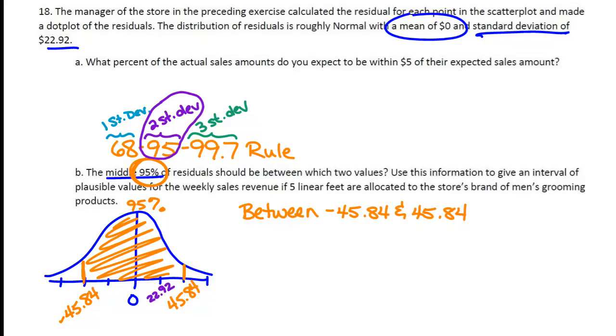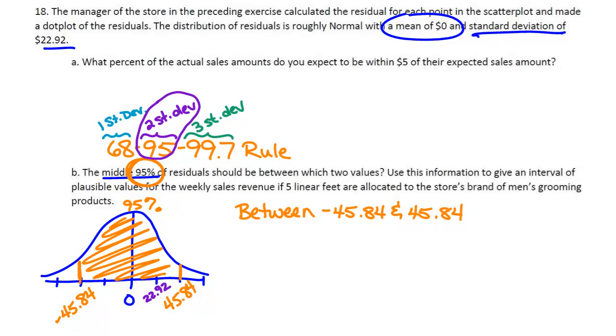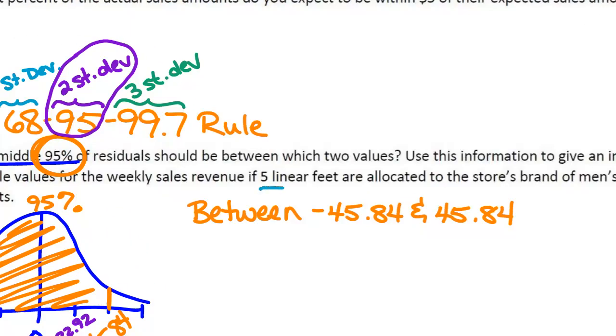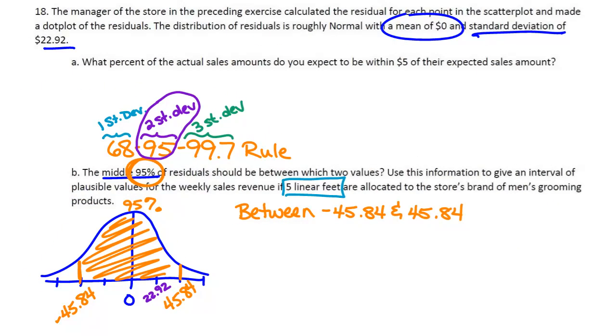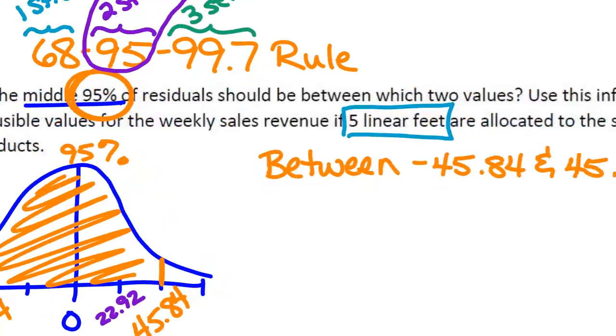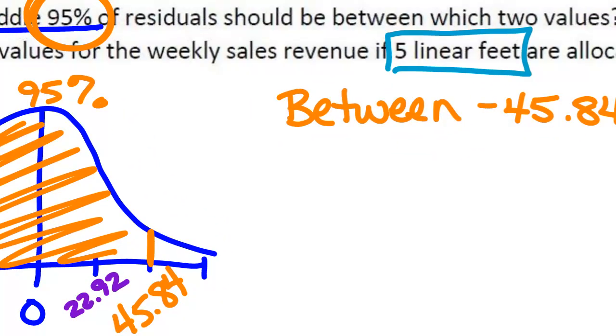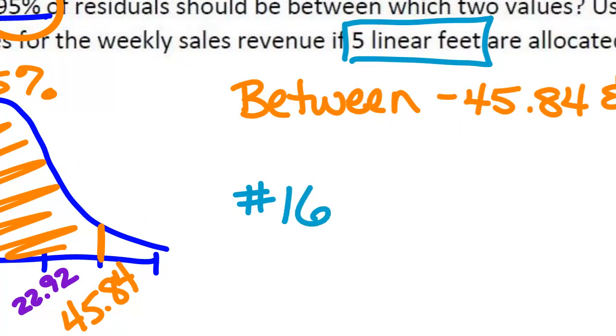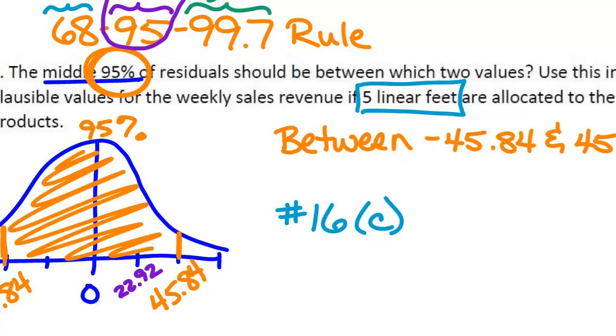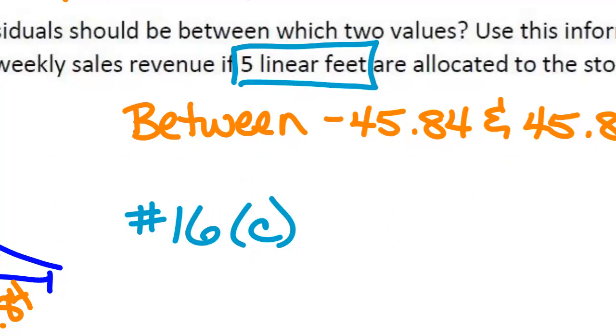Okay. So then it says use this information to give an interval of plausible values for the weekly sales revenue if 5 linear feet are allocated to the store's brand of men's grooming products. So this throws back to number, I think it's number 16, part C. Oh, no, number 17, part C, not number 16.